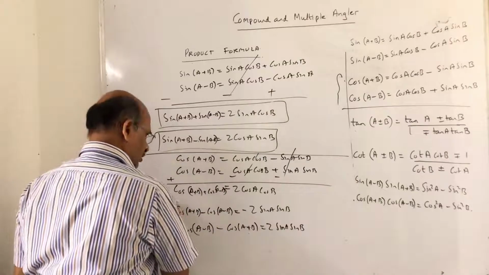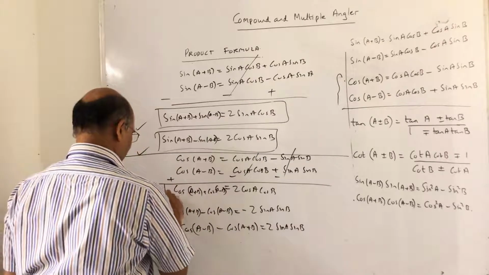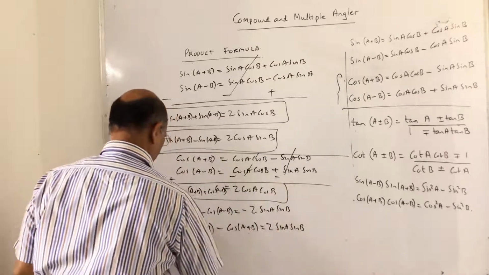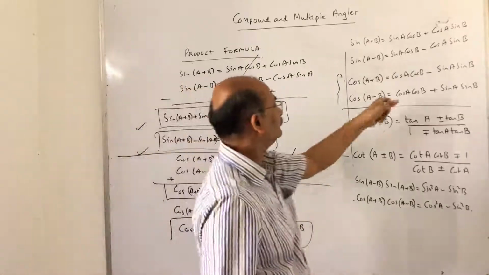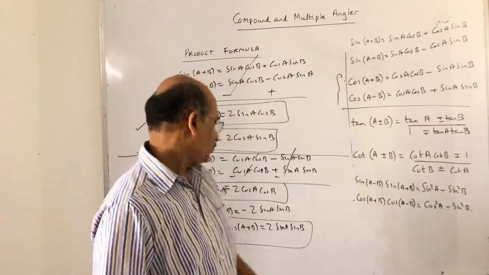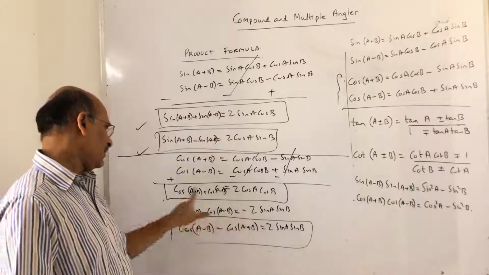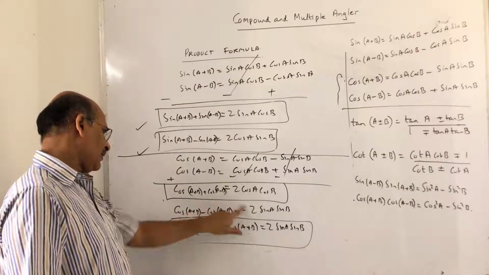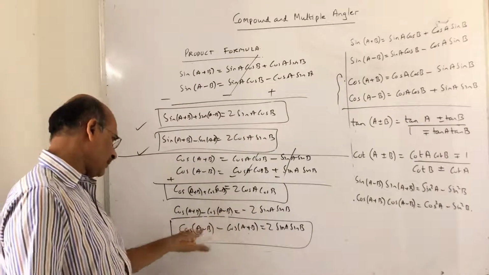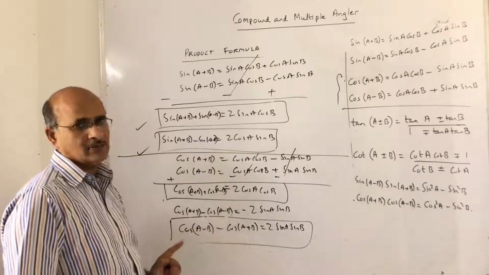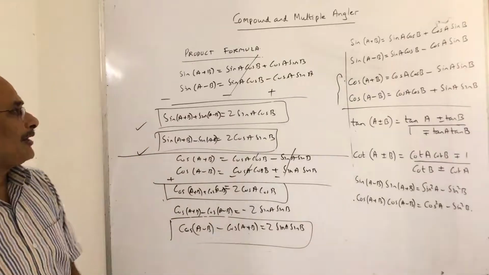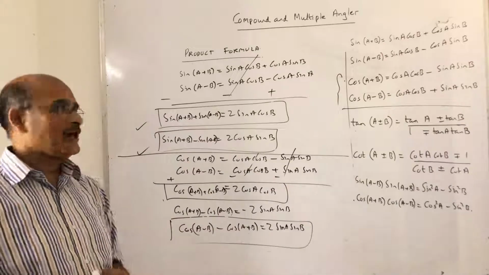So these are the two formulas, 1 and 2, addition and subtraction of cos. Keep that in mind. I changed this minus sign, so minus of minus will become plus. So I wrote the plus sign term first and then the minus sign term afterwards. These are the important formulas which you should know and understand.